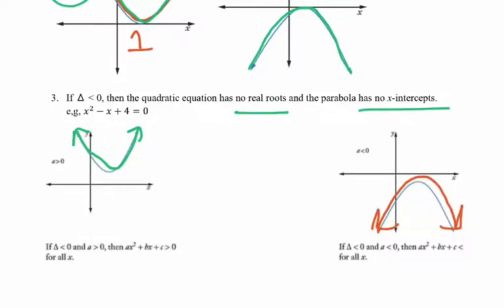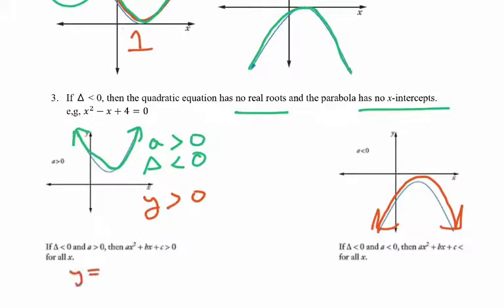Now, what can you say about the parabola if it's above the x-axis? Well, it's concave up, so you can say that A is greater than 0. And if it's above the x-axis, no x-intercepts, delta less than 0. But the other interesting thing is you could say that the y values of the parabola are always positive. So y value is always bigger than 0. And what's the general equation for a parabola?